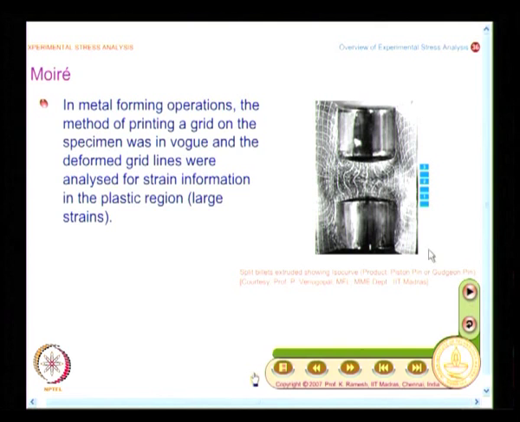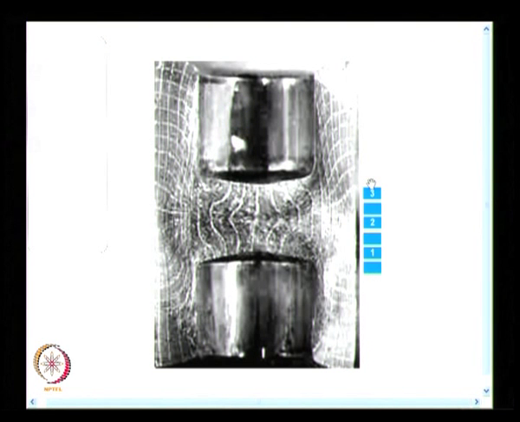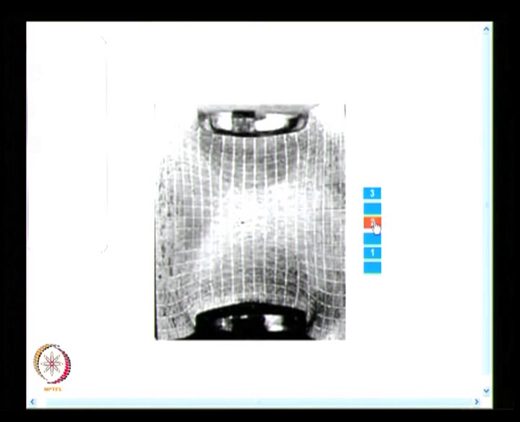In the case of metal forming processes, they have a billet and they will put a grid. You can see the grid here, these are known as grid methods. When I do the metal forming operation, I do a large plastic deformation.